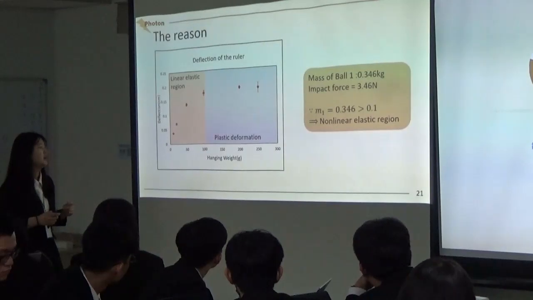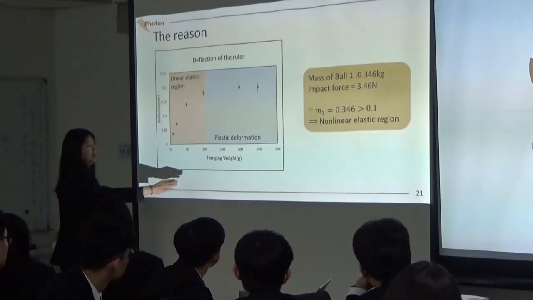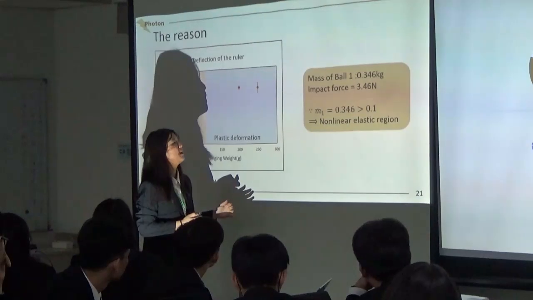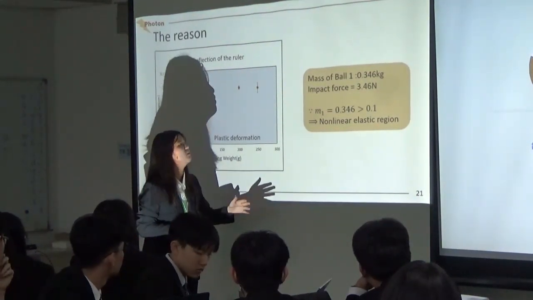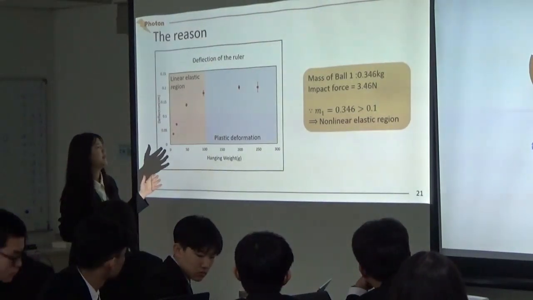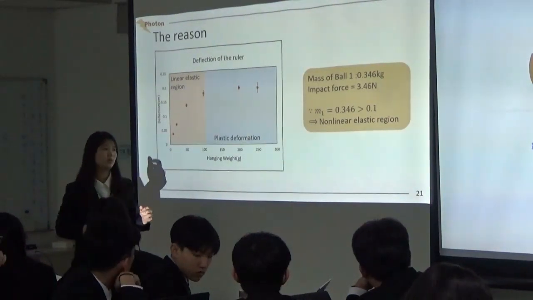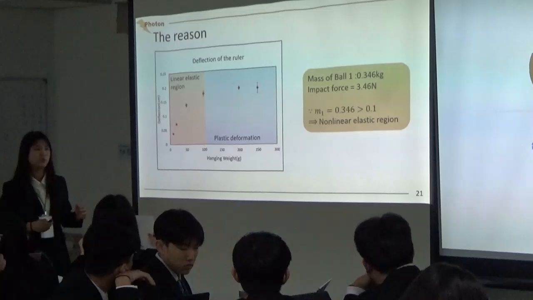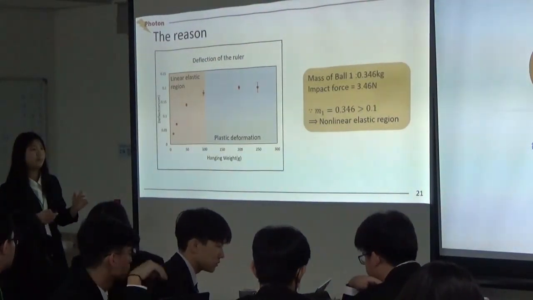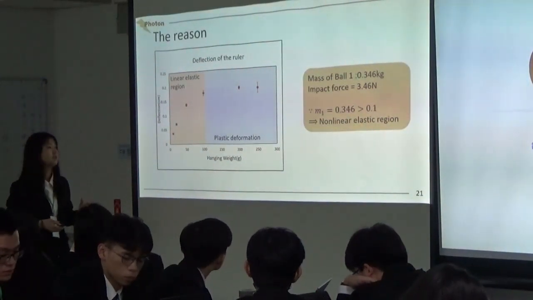The point where we can divide it into two parts is when the hanging weight is bigger than 100. In our experiment, the mass of the board is about 300 grams, so the load is bigger than 100%. So it will make the ruler enter the non-linear elastic region, and the elastic potential energy will be affected. That is the reason why the data trend is relatively flat.